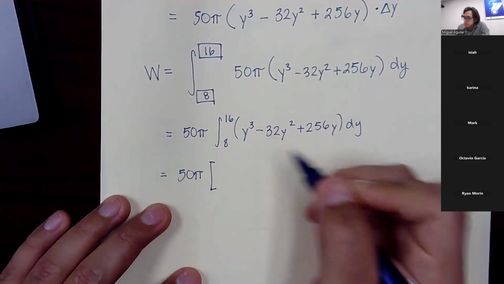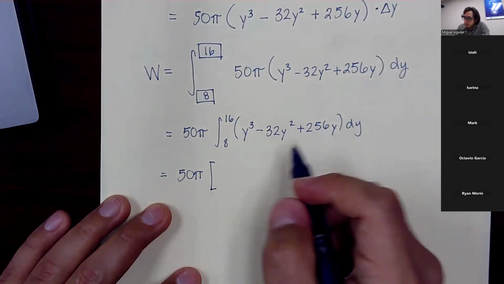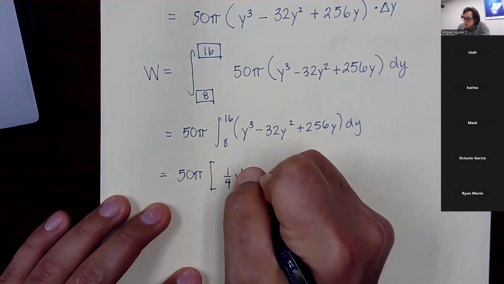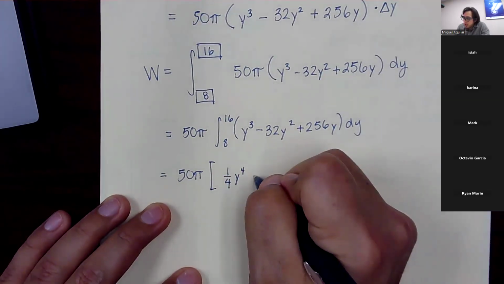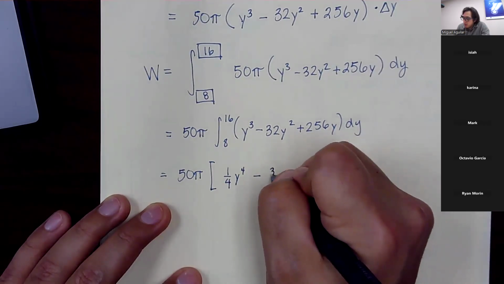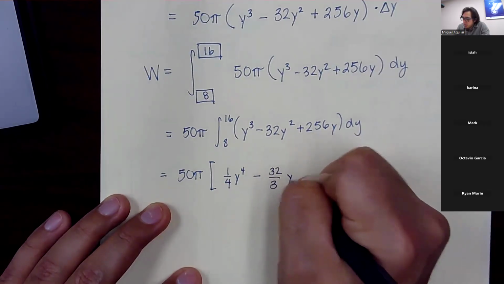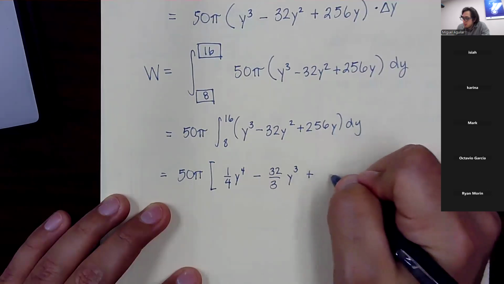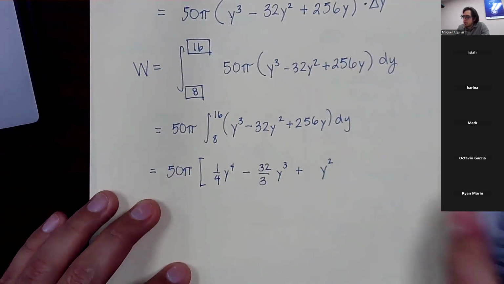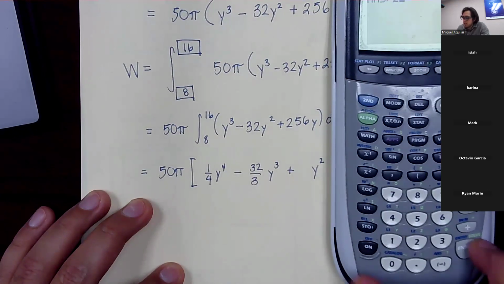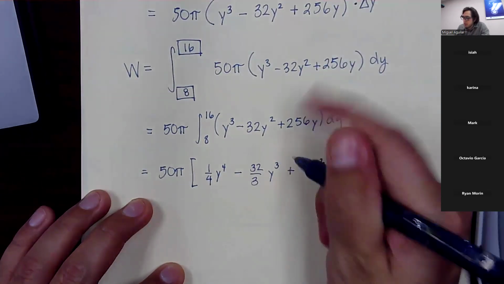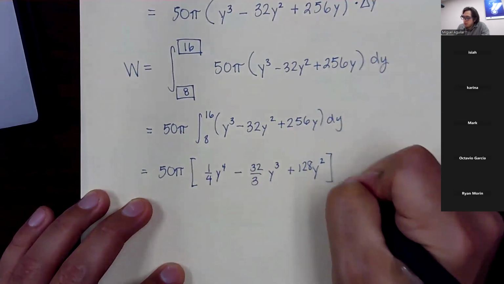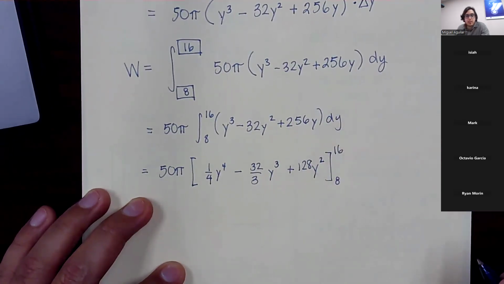So we got to have that stamina for the algebra, but this integration should now be what? 1/4 y to the fourth power minus 32 over 3 y to the third power plus y to the second power. And I'm just going to divide the 256 by 2 since that's going to be the denominator. That's going to be 128 now. And then we'll integrate that from 8 to 16.